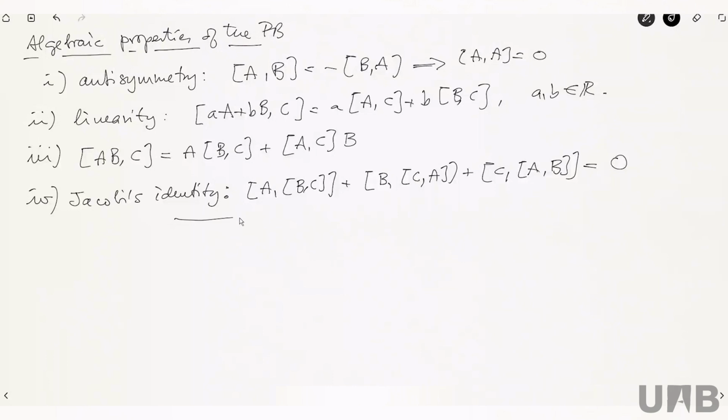And now comes, I would say, the most important property of the Poisson brackets, which is that the Poisson brackets are invariant, up to a valence lambda equal to 1, under canonical transformations.